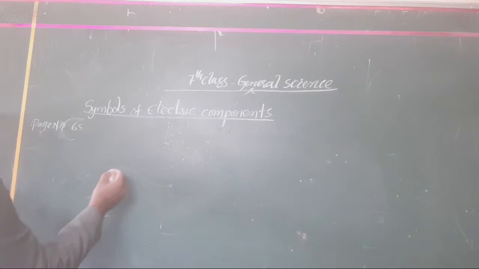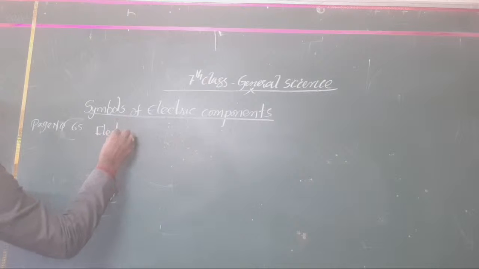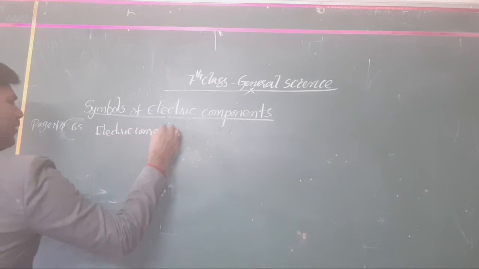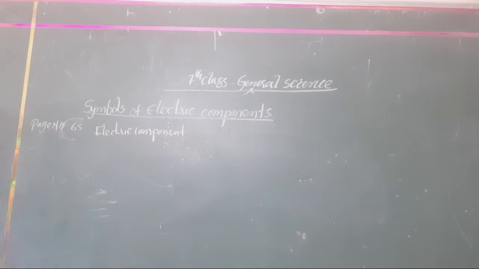The first column gives the electrical component, and what symbol we use for it. Yes, these electrical components, and what is their use? Okay, clear or not, all of you?